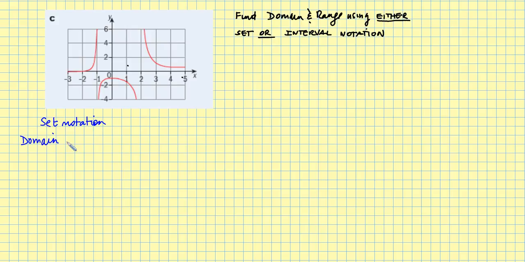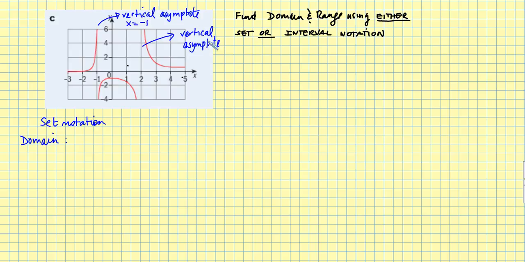It appears that my values of x are starting at negative infinity, and they're going all the way up to negative 1, but they're not crossing negative 1 because I do have a vertical asymptote at x equaling negative 1, and there also appears to be a vertical asymptote at x equaling 2.